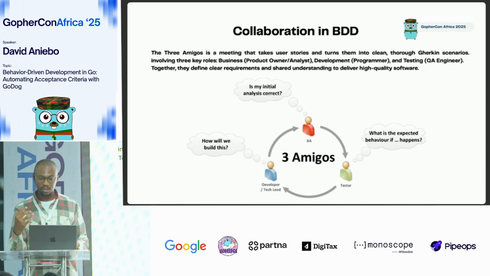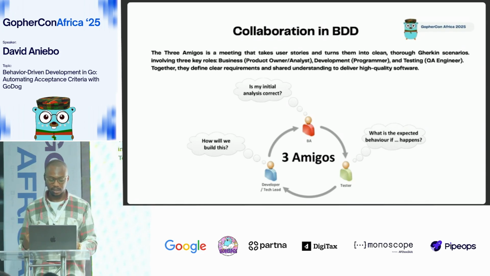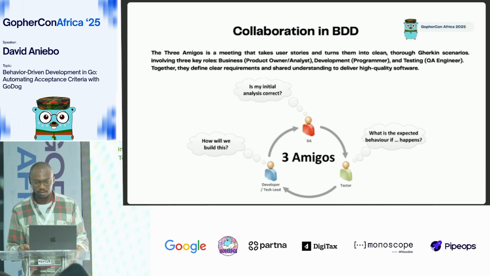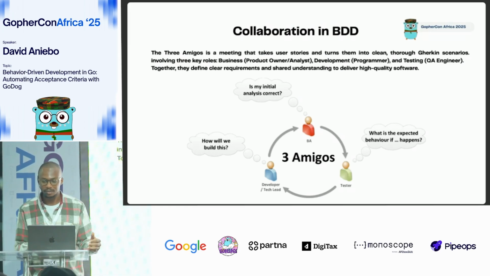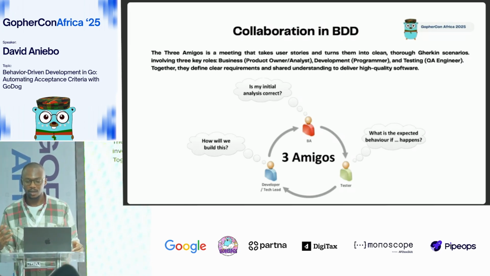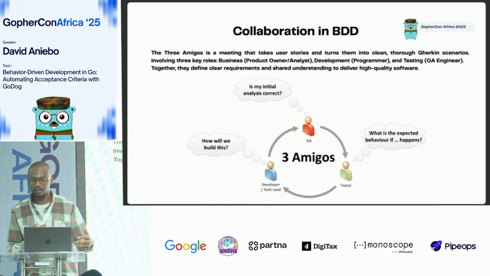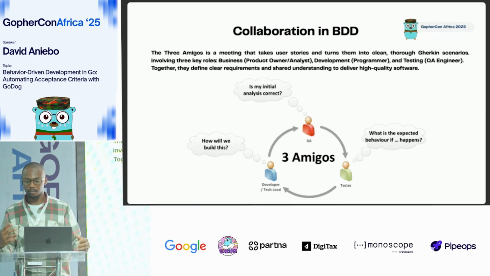So when the business analyst asks this question, the next person is the developer: how do we build this? Because most of the time the developer is coding and the designer is designing, and we often end up dumping our code because maybe the designers came up with a new flow that we didn't have during the software development process.